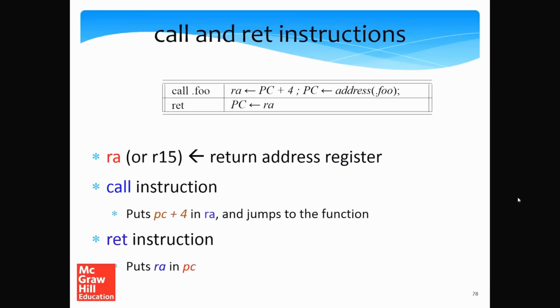Let's now discuss the call and ret instructions. We have introduced the notion of calling a function and returning from a function, but that was more from a high level conceptual, theoretical angle. It was not from a practical point of view of how it's implemented.